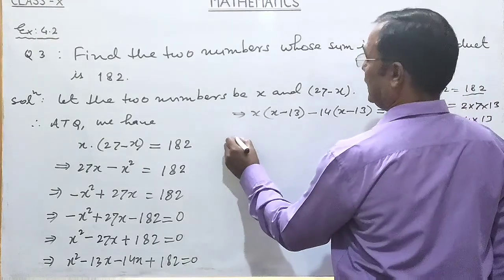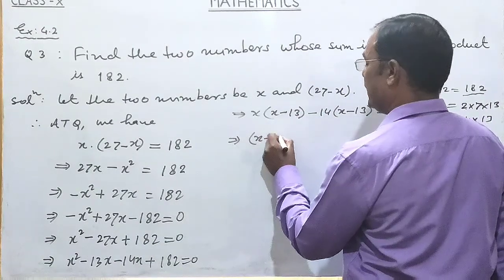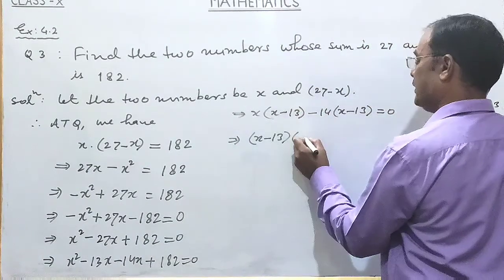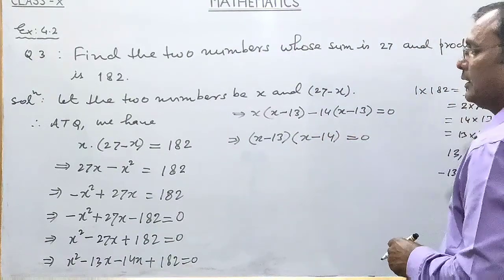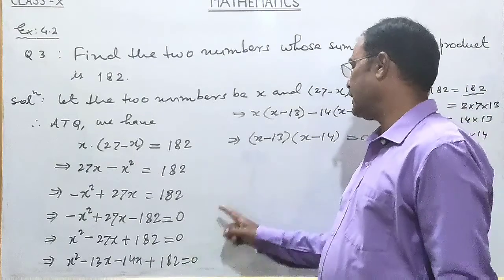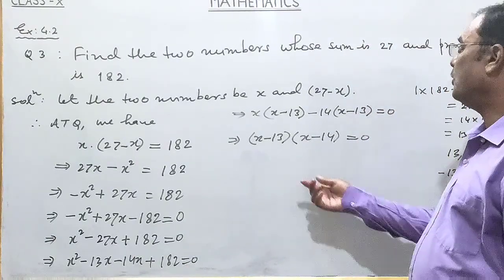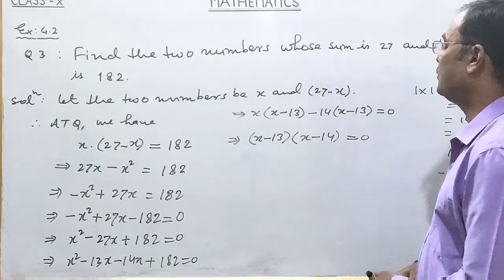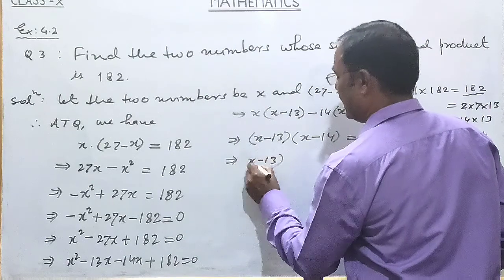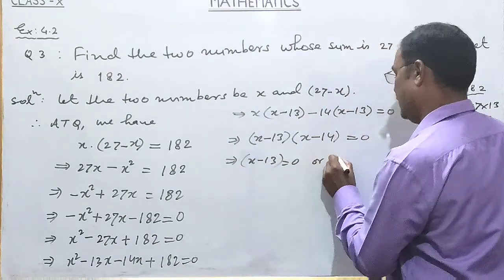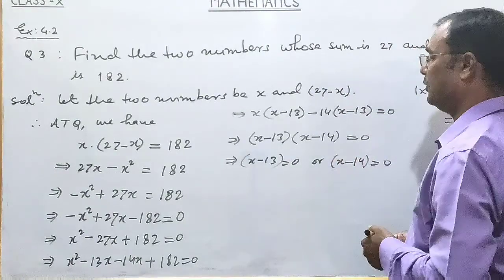Now x minus 13 is common. x minus 13 common, x minus 14 is equal to 0. This way quadratic equation we have factorized, x minus 13 into x minus 14 equal to 0. Now product of these two linear factors is equal to 0 means either first linear factor x minus 13 will be 0 or second linear factor x minus 14 will be 0.